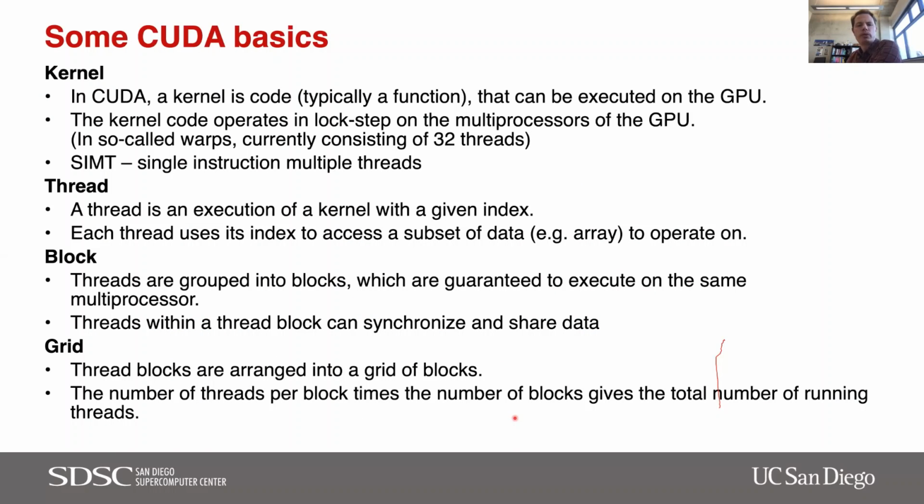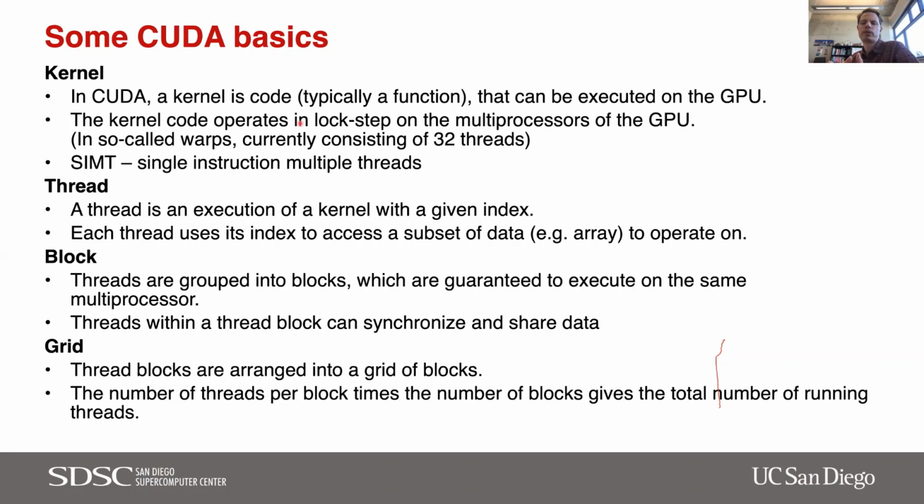Then I want to introduce a handful of terms. If you start looking at CUDA, you will hear somebody talk about a kernel, and the kernel really is just a function. It's just source code in a function that can be executed on the GPU. And this source code operates in lockstep on the multiprocessors of the GPU.